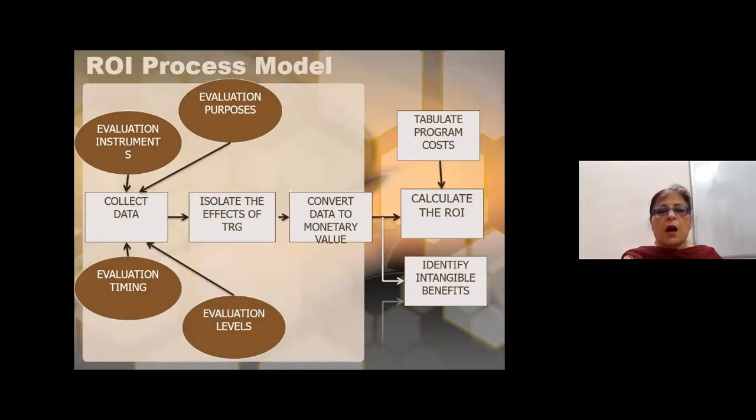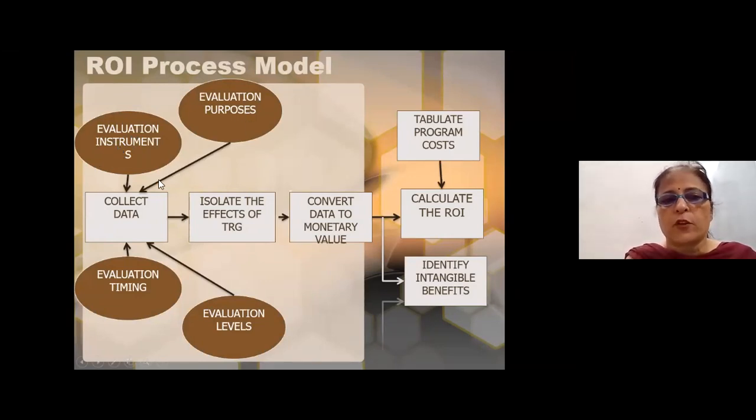So this is the ROI process model, and how we go about it is, first we collect the data. That was the first step. In this data collection, I was talking about the evaluation instruments, and I showed you an earlier slide with the types of instruments that you would be choosing. You have to look at your purpose and then choose.